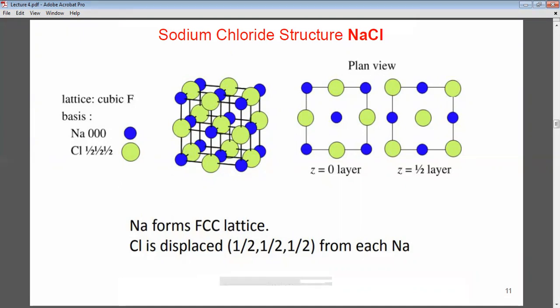Just check it out. It's also heavily packed, okay? But we are not discussing it in this course because the axes are not perpendicular, but feel free to study it on your own.